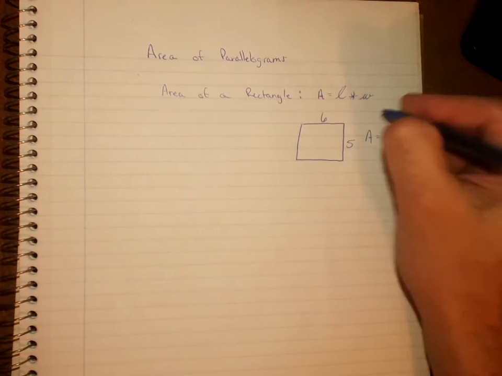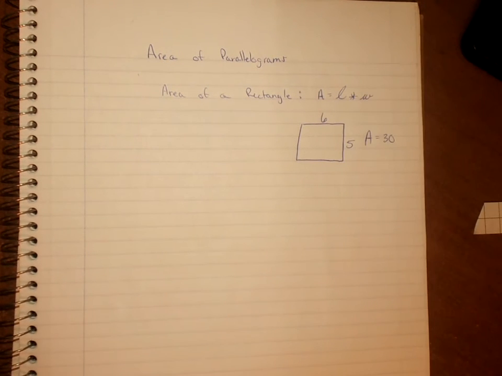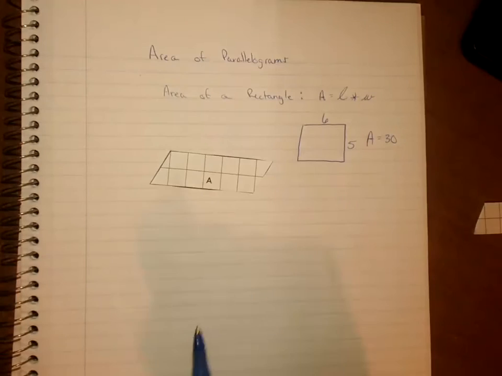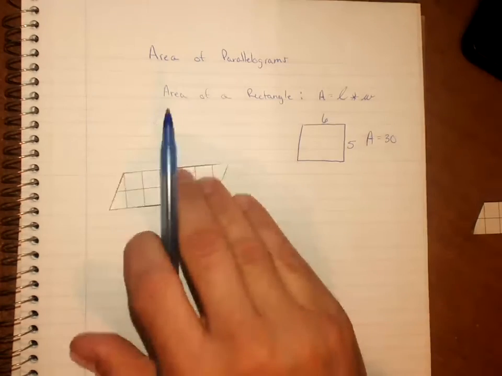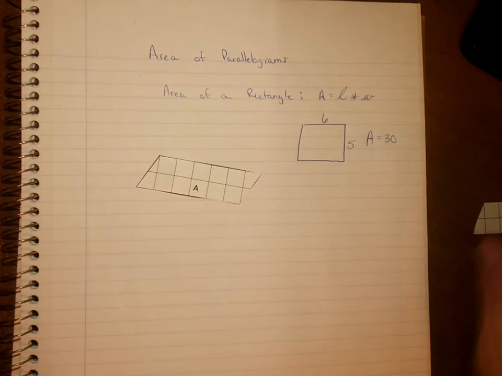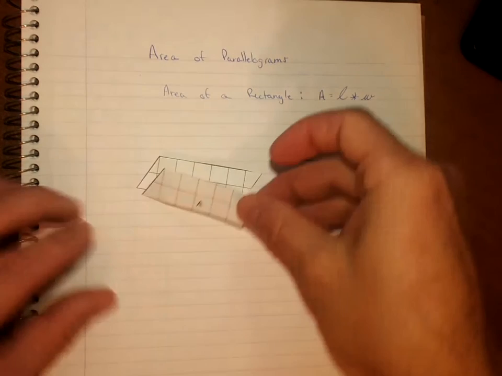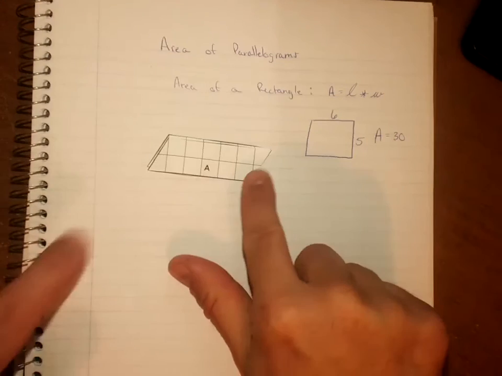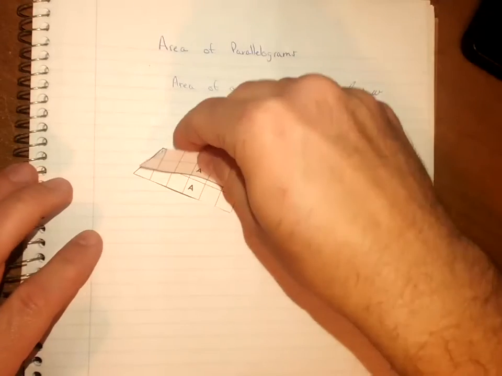So the area of a parallelogram is a little bit different. Parallelograms are almost like rectangles, except they're basically a rectangle that's kind of been pushed on its side. You can see parallelogram A here. These two are equal. It kind of looks like a rectangle, except it's got a slant to it, to the two ends.